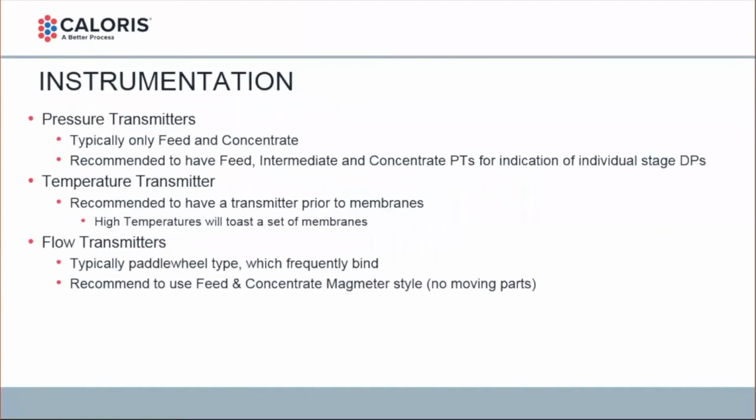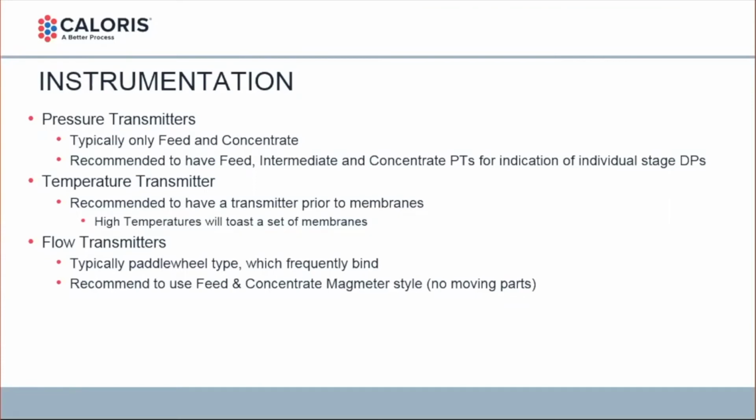Instrumentation for pressure transmitters, I'm typically seeing only the feed and concentrate being used. We would recommend to have feed, intermediate, and concentrate pressure transmitters for the indication of individual stage DPs.